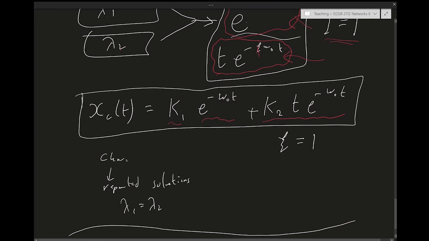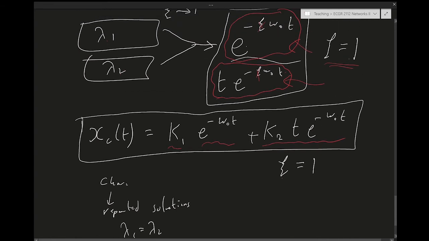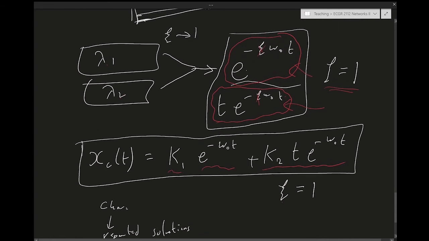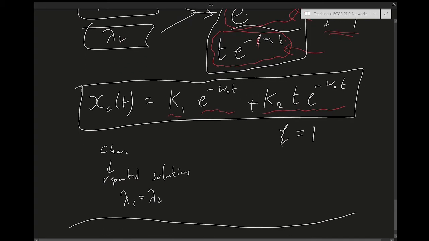Okay, so this is how we deal with the case where the characteristic equation gives us repeated solutions, meaning we have lambda 1 equals lambda 2, and this occurs when zeta equals 1, right? This is how we deal with it. Those two distinct solutions turned into one merged solution. We take that, which gives us our first basis for the general solution.